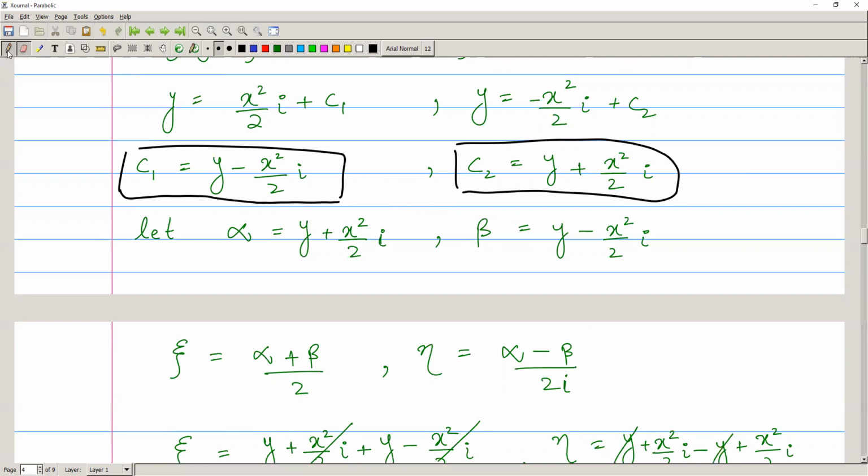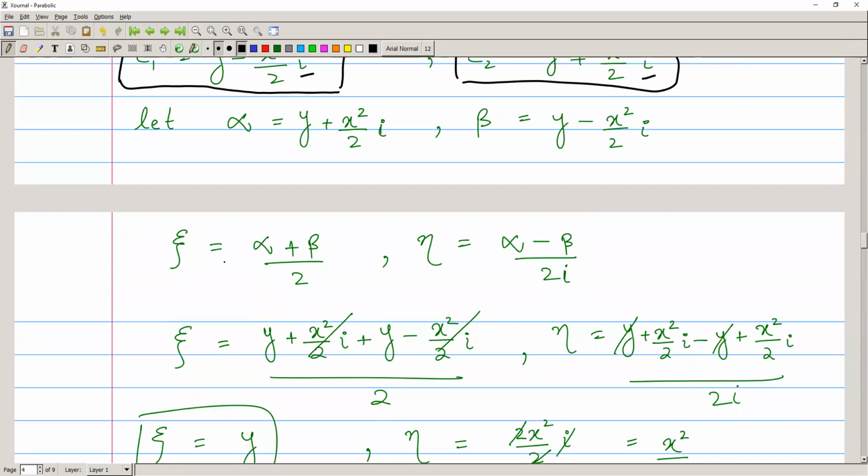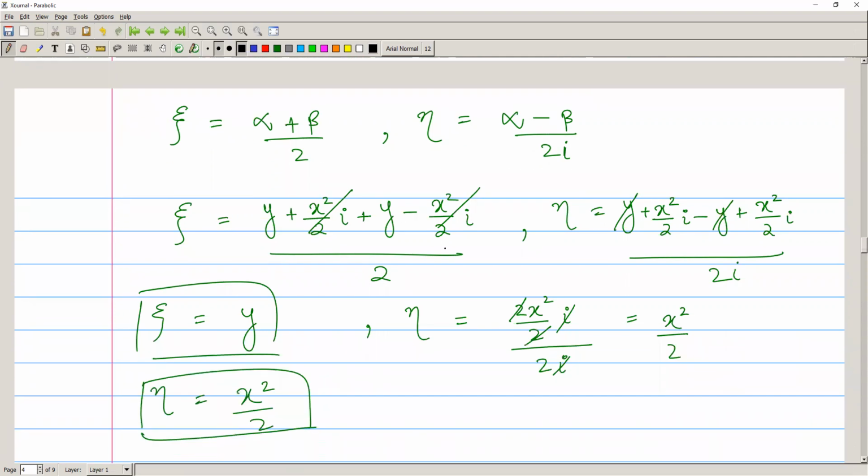But in this case, because of this iota, we want to get rid of it. So we assume one more transformation: alpha equals y plus x squared over 2i, and beta equals y minus x squared over 2i. Then we take the average for psi, and alpha minus beta over 2i for eta. By doing this, the iota will vanish from the equation and we will be left with only the real parts.